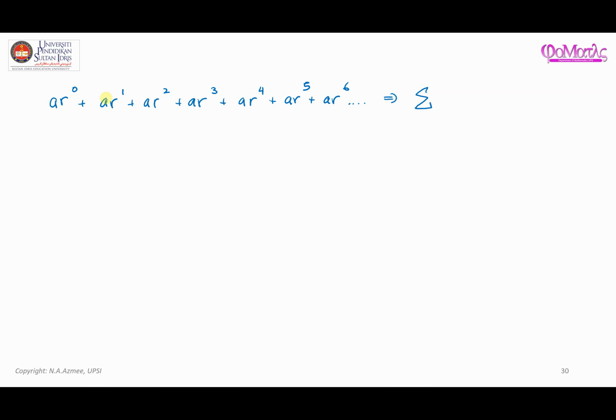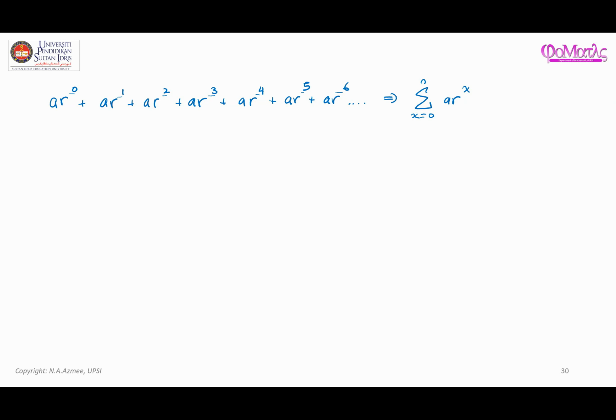You can see that the terms here are similar in nature, except for a difference at this point, which we can represent using, for example, the notation x. So we have a r to the power of x, where x begins from 0 until n, so it goes on indefinitely. That's how we can represent this long process in something mathematically elegant that also saves space.